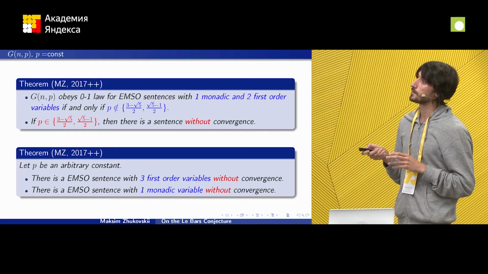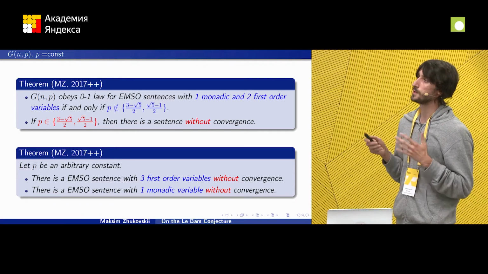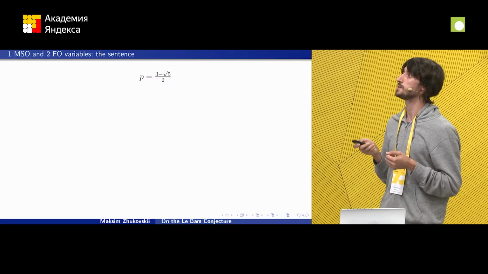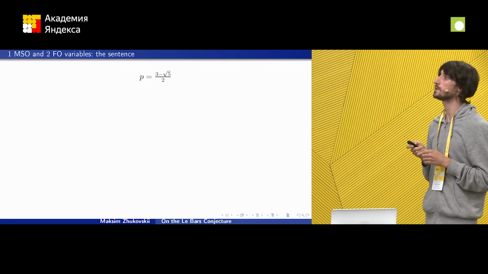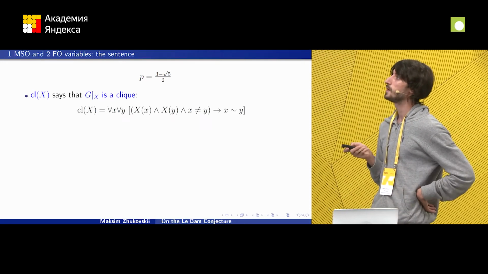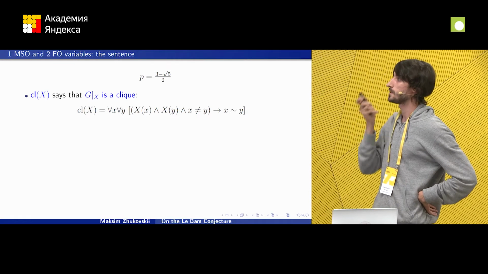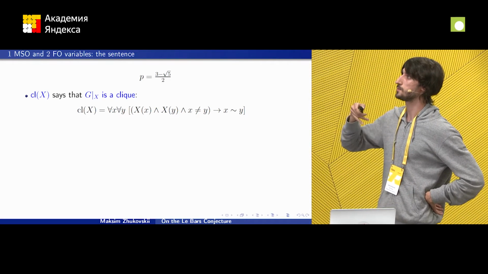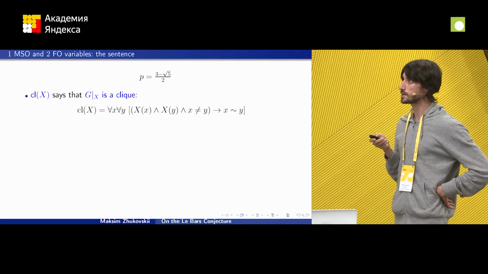So this result needs very difficult constructions, but the construction for the first result is simple, and I'll give it on this slide. Let P equal (3 minus square root of 5) over 2, and consider the sentence which says that the induced subgraph on the set X is a clique.